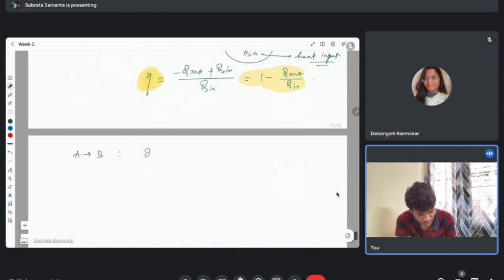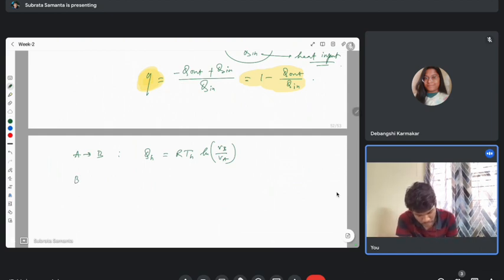So I calculate QH, the heat entering during this process, as the volume changes from VA to VB. It is easy to calculate: R TH ln VB by VA. In the previous class I calculated this delta Q.